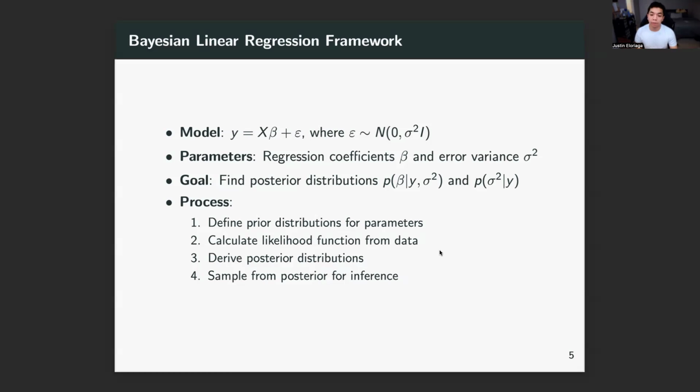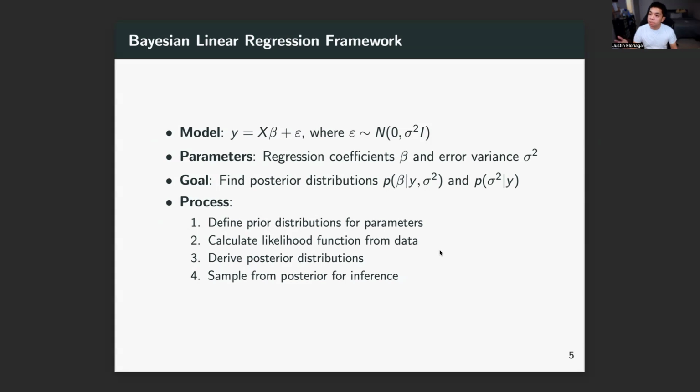The goal of finding these unknown parameters is essentially to find the posterior distributions of these two parameters, given the data and other parameters. So our goal is to find the posterior distribution of beta, conditional on the data and on the error variance, as well as the posterior distribution of the error variance, conditional on the data.